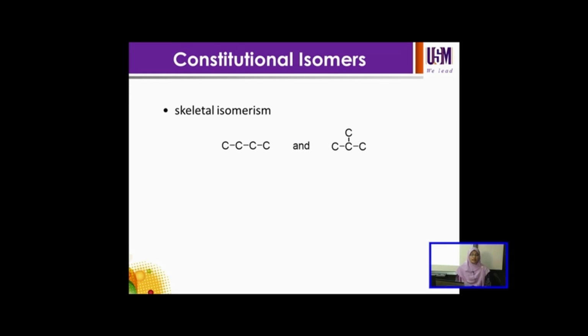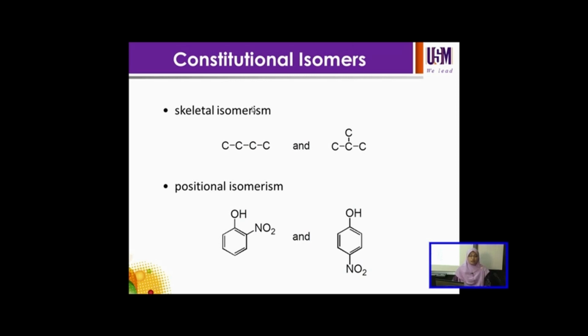Constitutional isomers can differ in terms of their skeleton, known as skeletal isomerism, or in terms of their position, known as positional isomerism. Here we have a four-carbon compound, butane, with the molecular formula C4H10.